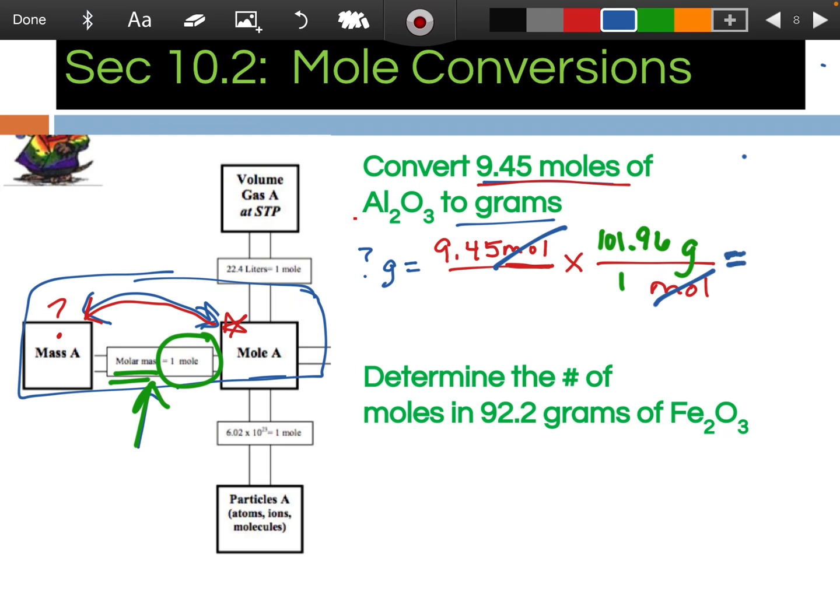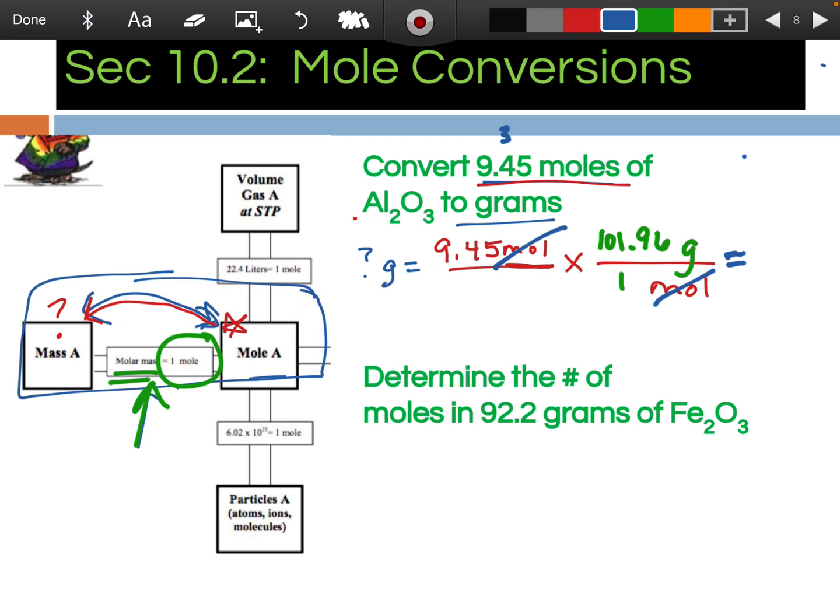I'm going to multiply the numbers across the top and divide by the numbers along the bottom. So when I take 9.45 times 101.96, then I have to round my answer to sig figs. So 9.45 has 3 sig figs. 101.96 has 5 sig figs, so 3 is going to be my least number.